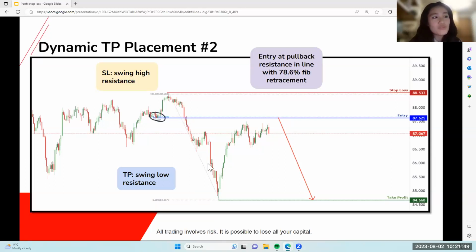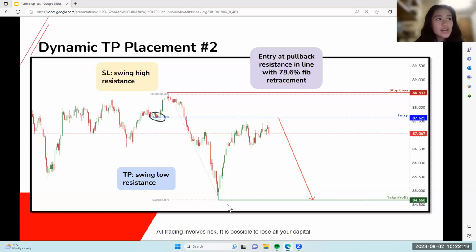Before price actually reverses off this area, it's called a pullback, because we are expecting price to pull back or retrace to that level. Our stop loss is placed at the swing high resistance here, and our take profit is placed at the swing low resistance.